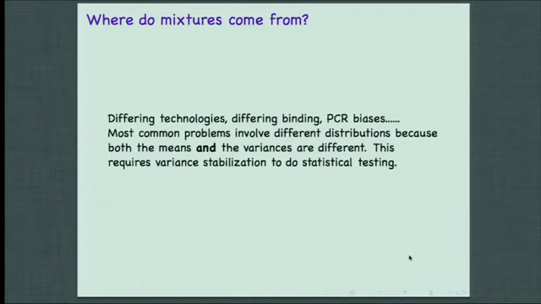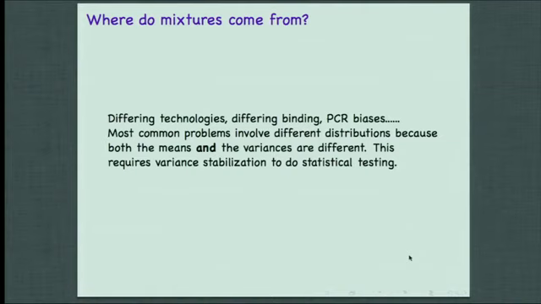So, where do they come from? Well, there are these differing technologies and differing bindings and PCR bias and all these technology problems. And you get this problem that the means and variances depend on each other. And you have to fix that.